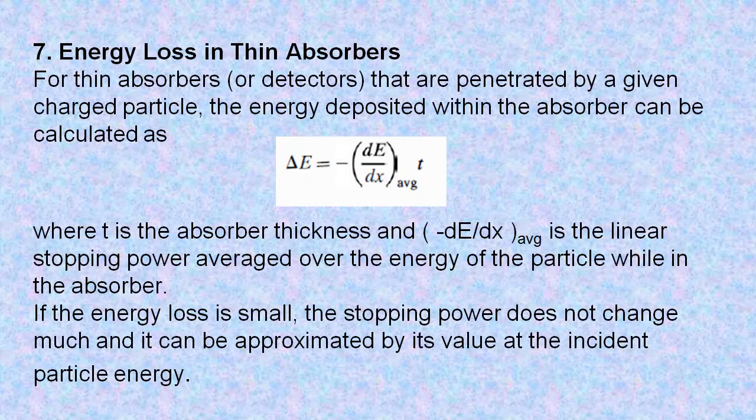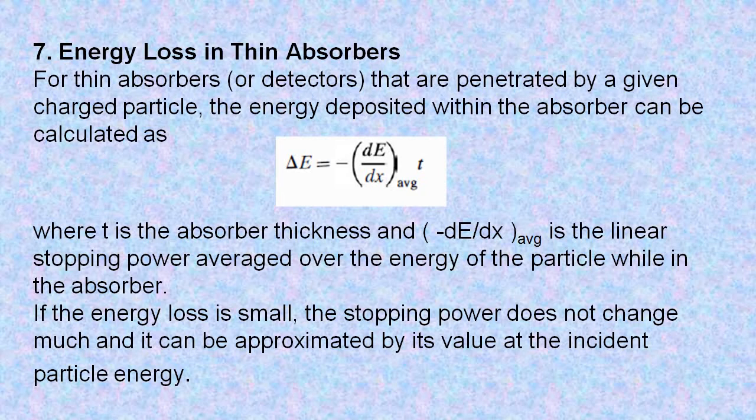So the first one, energy loss in thin absorbers. For thin absorbers, that means detectors that are penetrated by a given charged particle, the energy deposited within the absorber can be calculated as follows. That means when a particle is passing through a thin absorber, it is not stopped there.